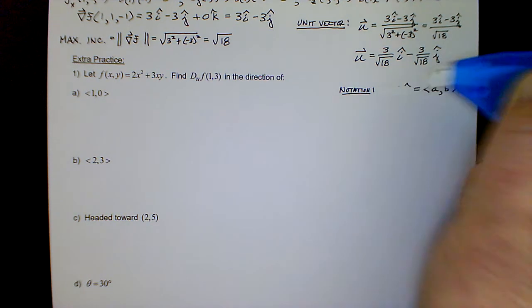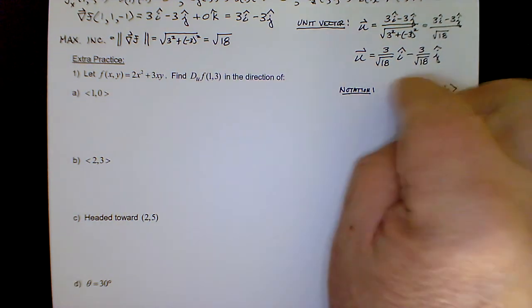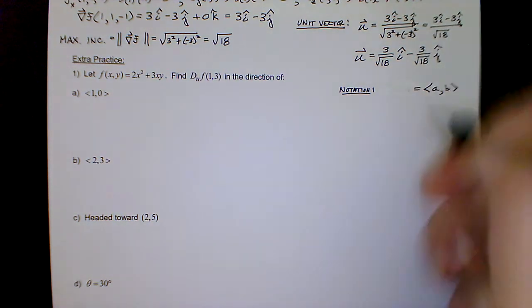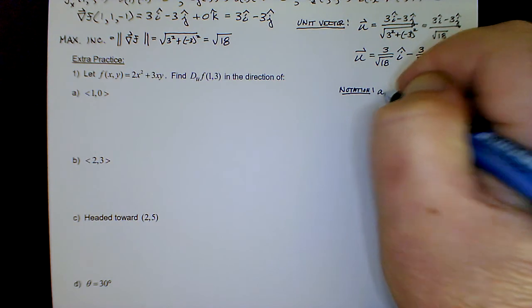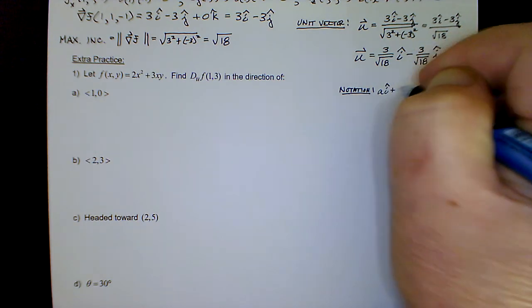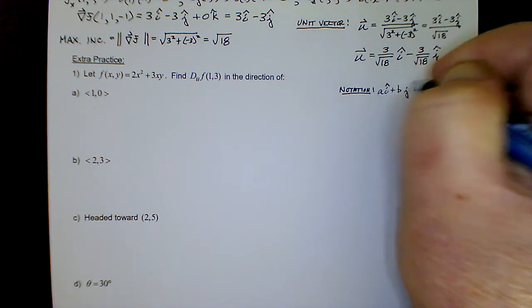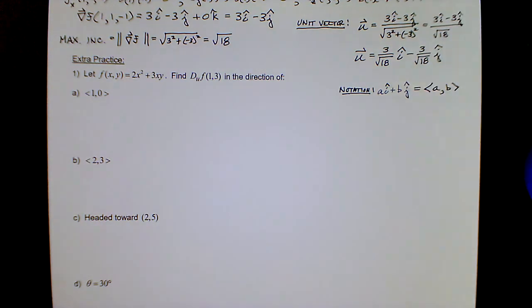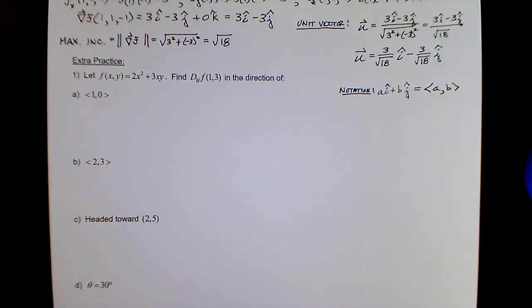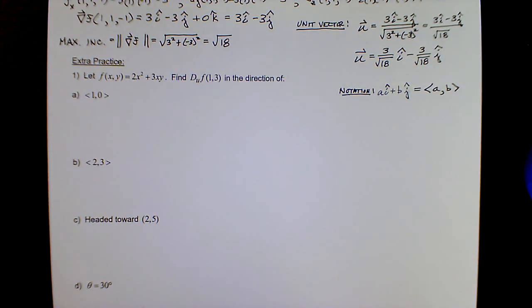I was chuckling because I was thinking about complex numbers. We're studying differential equations. So ai plus bj is given in vector form as ⟨a, b⟩.